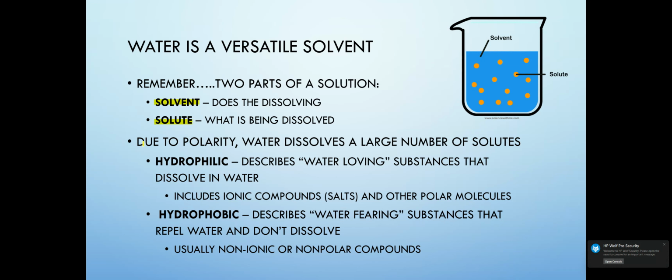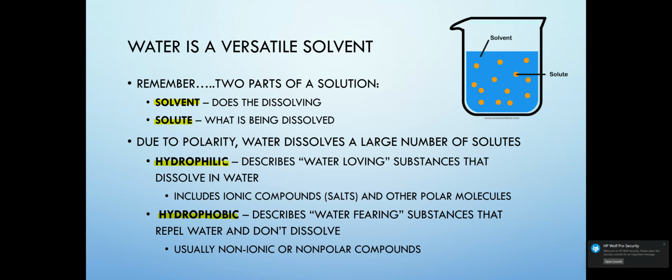Now, it depends on whether that solute is either hydrophilic or hydrophobic. These two words describe whether something is water-loving. Hydro is water, philic is loving. So these are the molecules that like water. And what happens is the water is able to surround that substance and break it up.